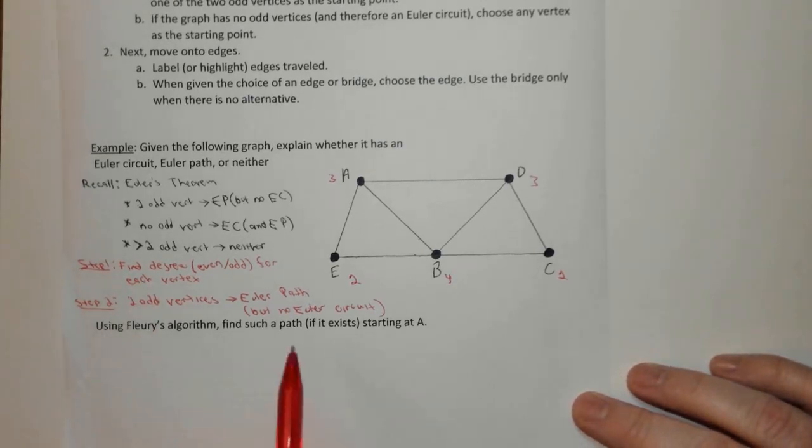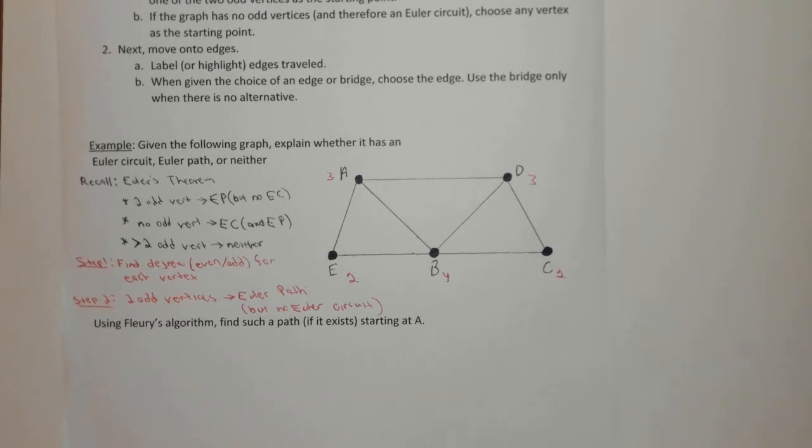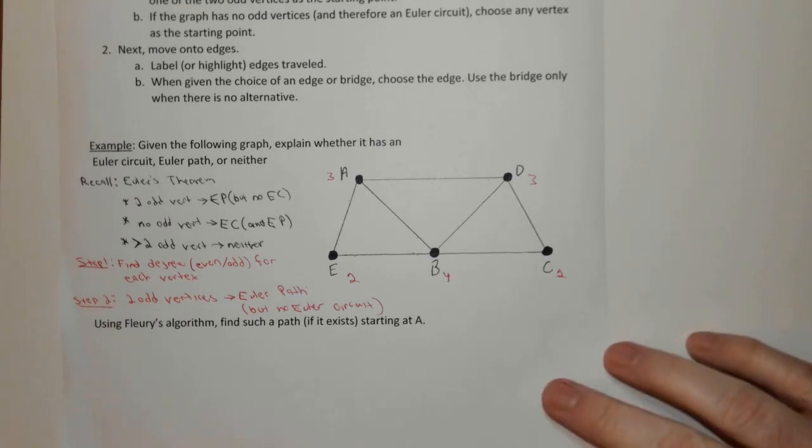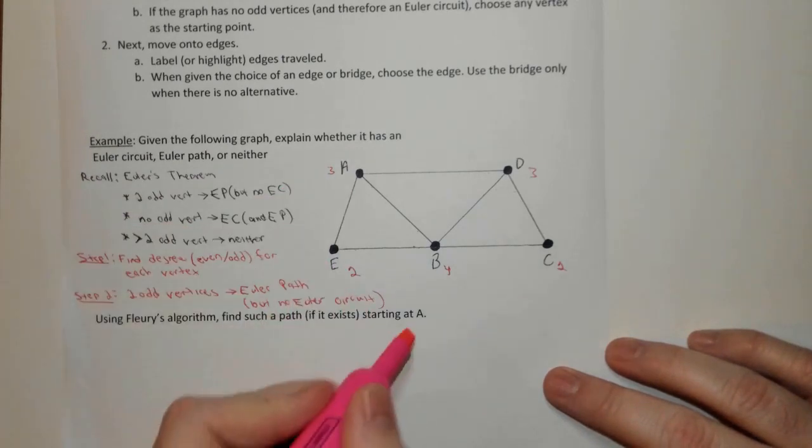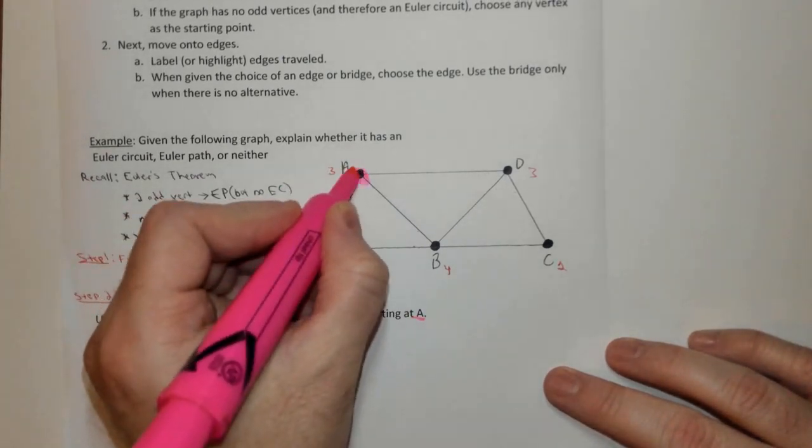Part B says use Fleury's algorithm to find such a path or circuit if it exists. And they're often going to do this, not always, but typically to reduce the amount of possible correct answers. They may even tell you where to start.